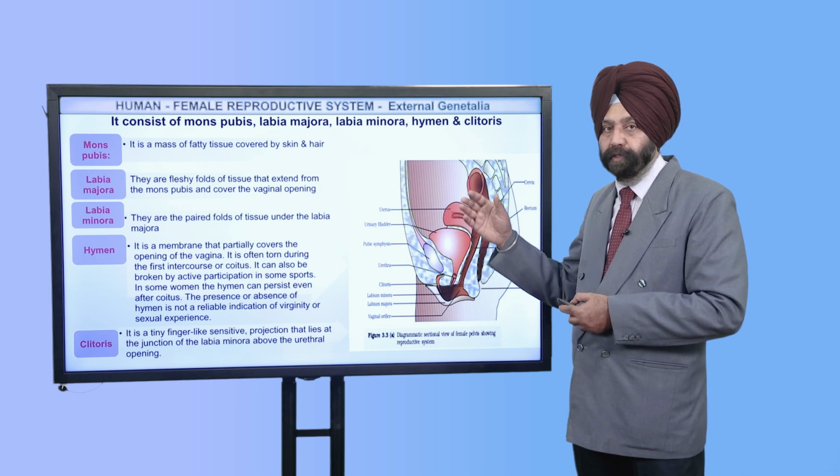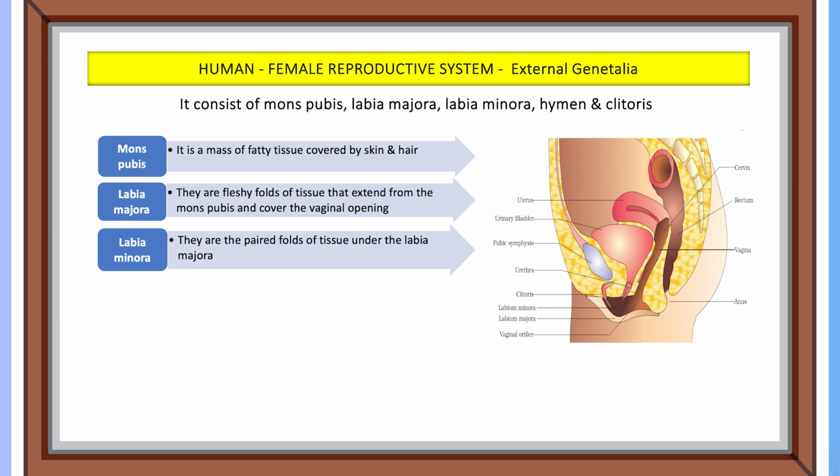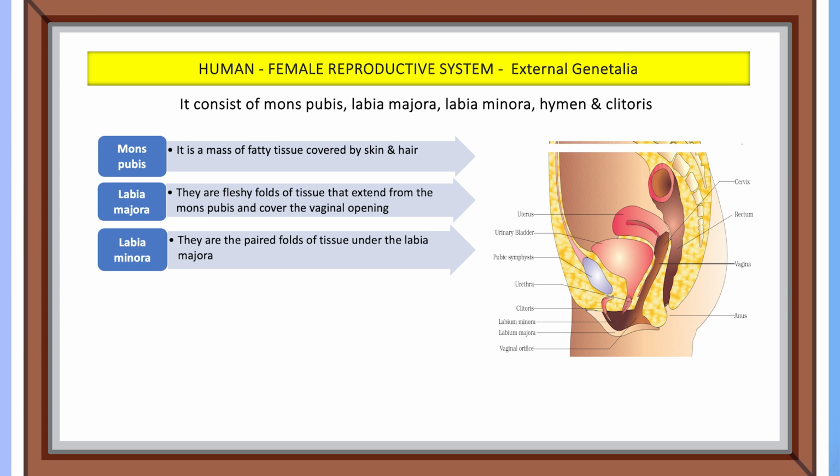Let us now go to the female external genital organs. They consist of the mons pubis, labia majora, labia minora, the hymen and the clitoris. Let's go through them one by one. The mons pubis is a mass of fatty tissue covered by skin and hair.